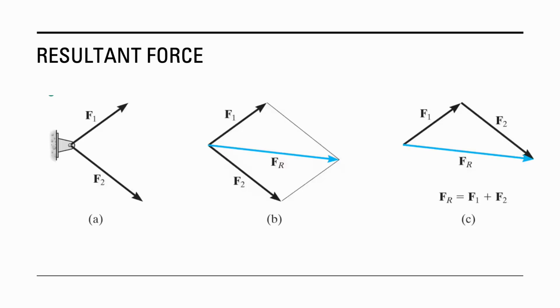So if we have some forces F1 and F2, and we need to find the resultant force, we use the rule which we already saw, the parallelogram law, to obtain the resultant force in the figure shown, figure B. If we use the triangle law, the tip to tail rule, then we will have figure C. So FR will be F1 plus F2.